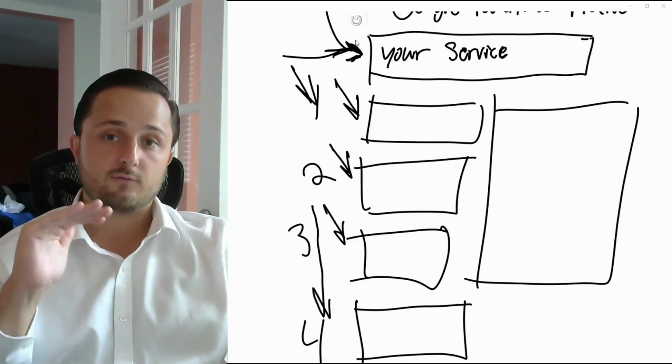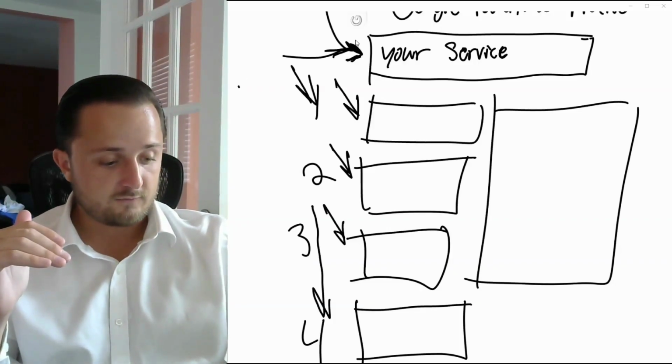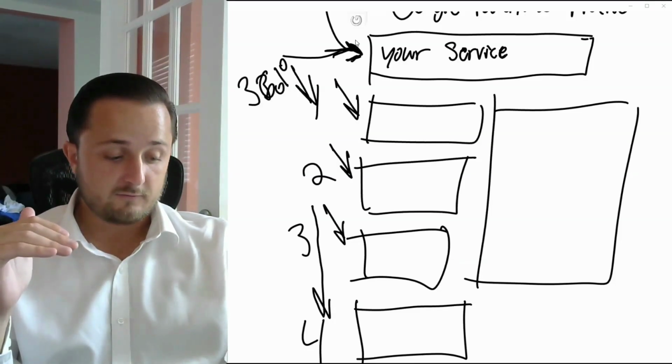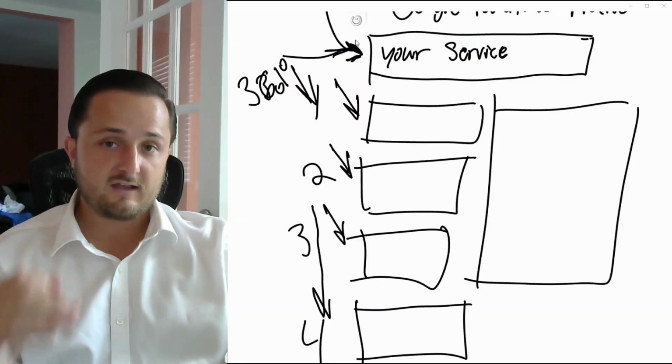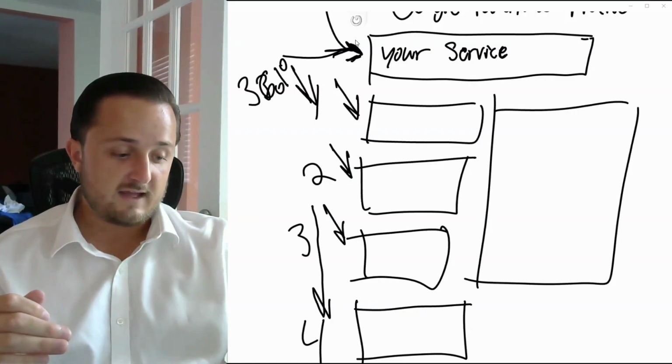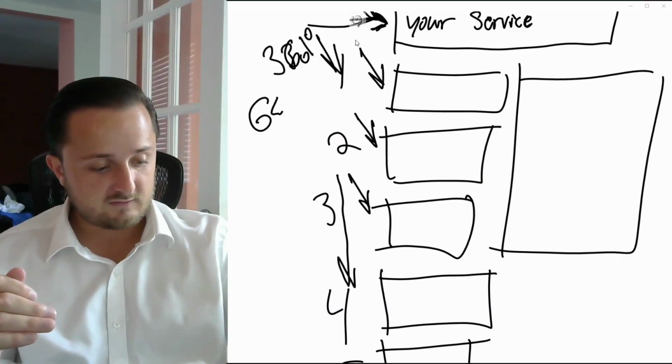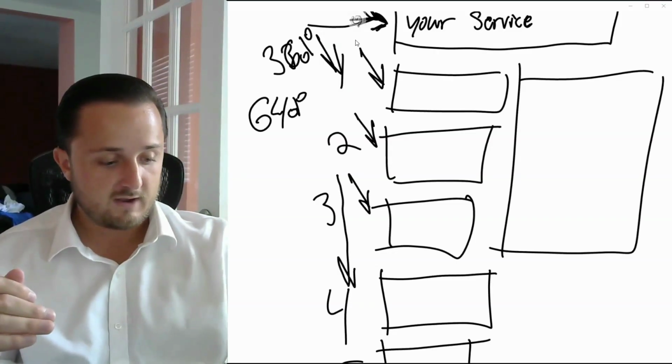Now, this is specifically for Google. And the first position gets 36% of the clicks. So before we even look at the second position, that means we are now fighting for 64% of all the traffic, right?